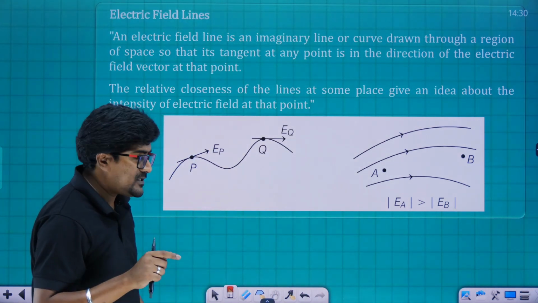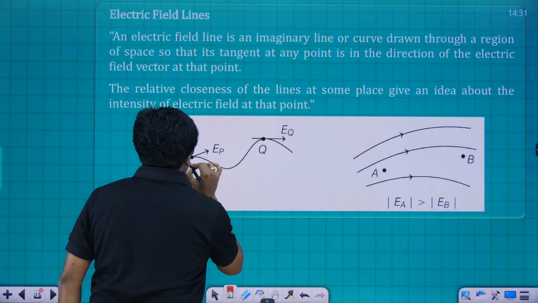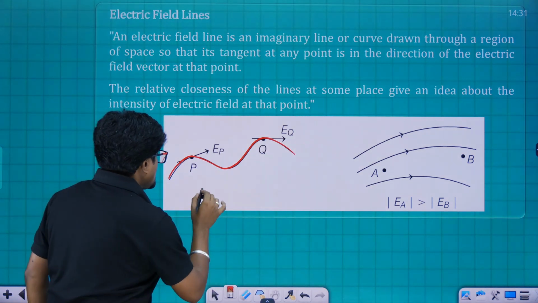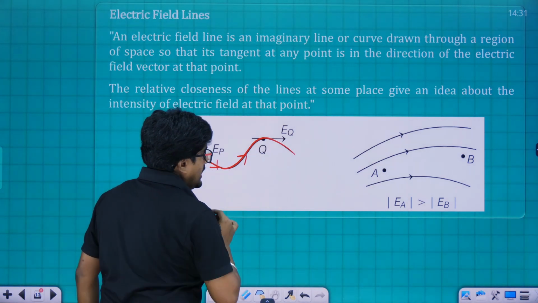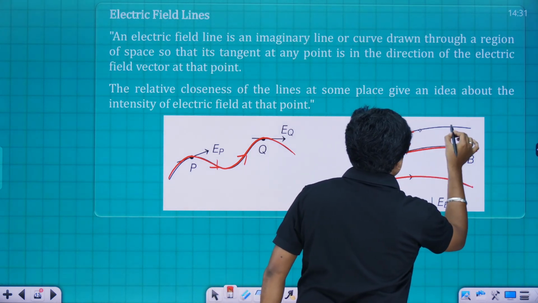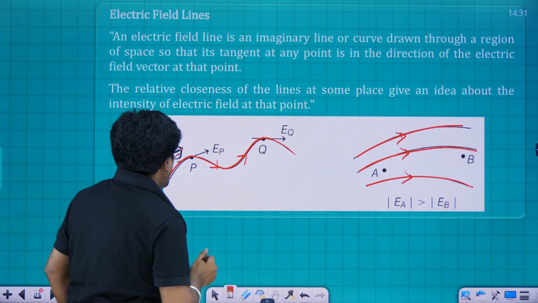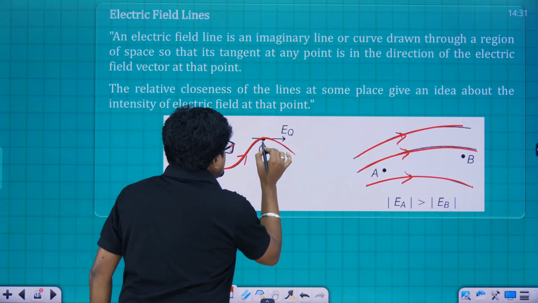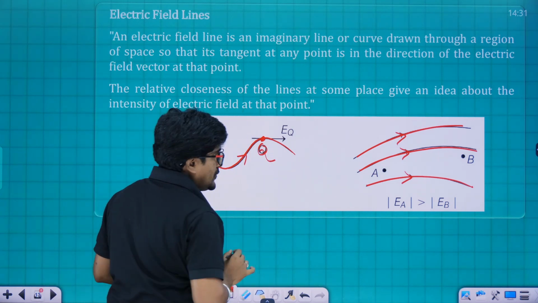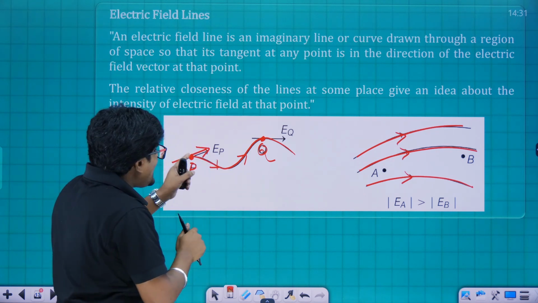So the first piece of information I want to share with you is, if I have an electric field line like this, this is the direction of electric field, and in the second figure we can see the electric field lines marked in the same way. Now if somebody asks you to find the direction of electric field at points P and Q, then we must draw a tangent in the same direction of the electric field.